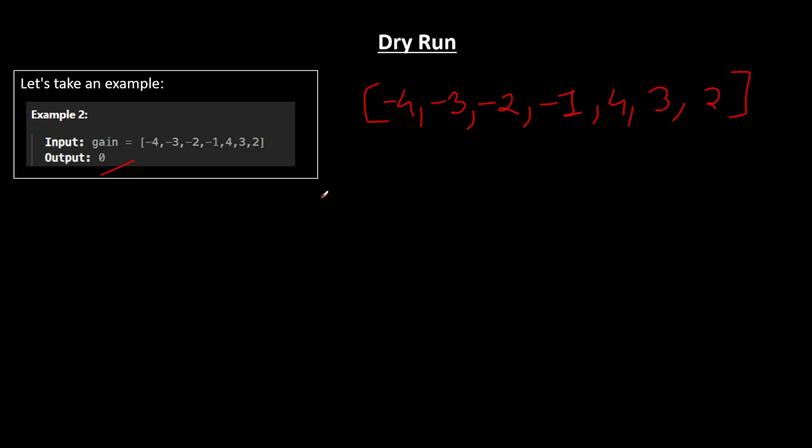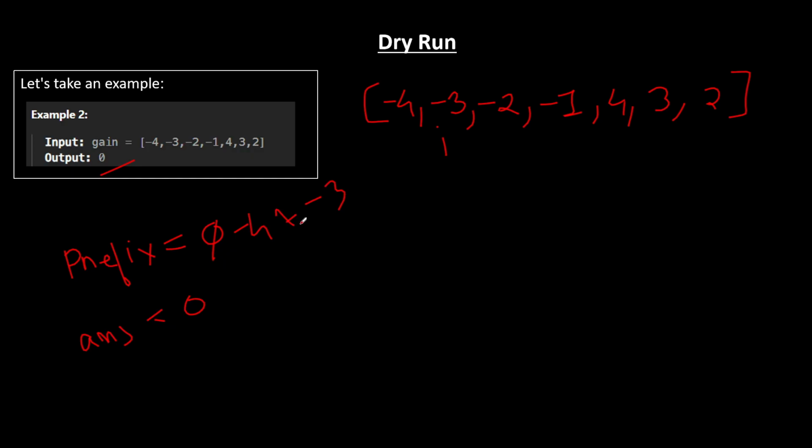According to our solution, prefix is the current sum we are getting till now, and answer is our result. Fine. So first we do 0 plus -4, which gives us -4, right? We compare it with the answer, which is 0, and that is greater than -4, so move ahead.